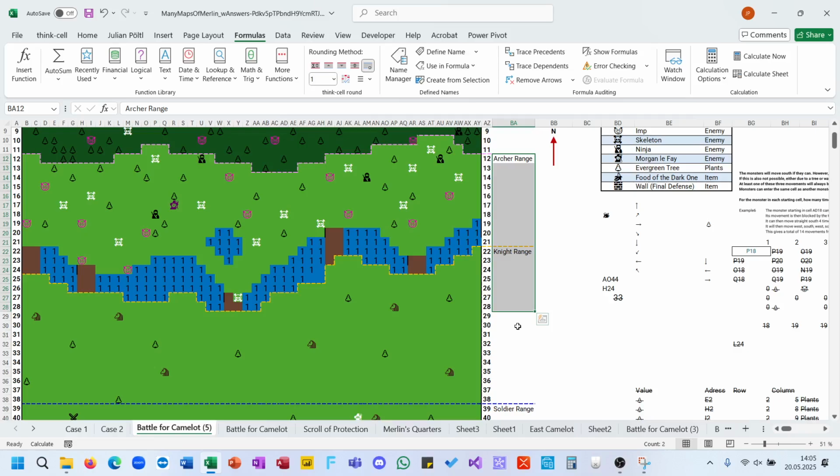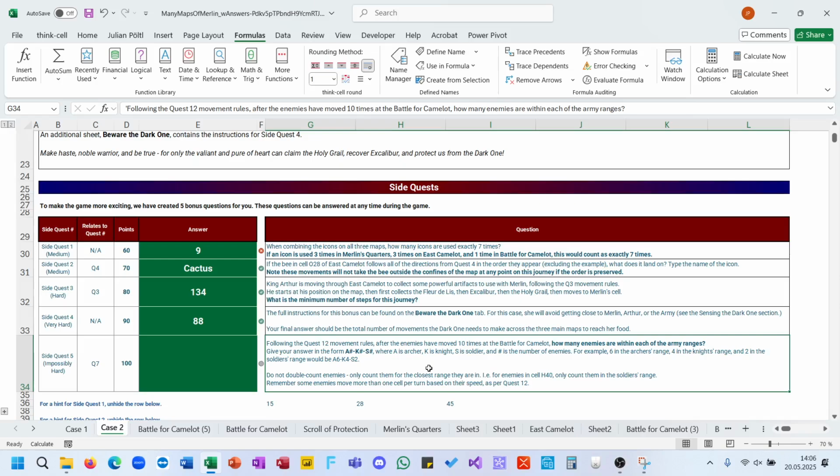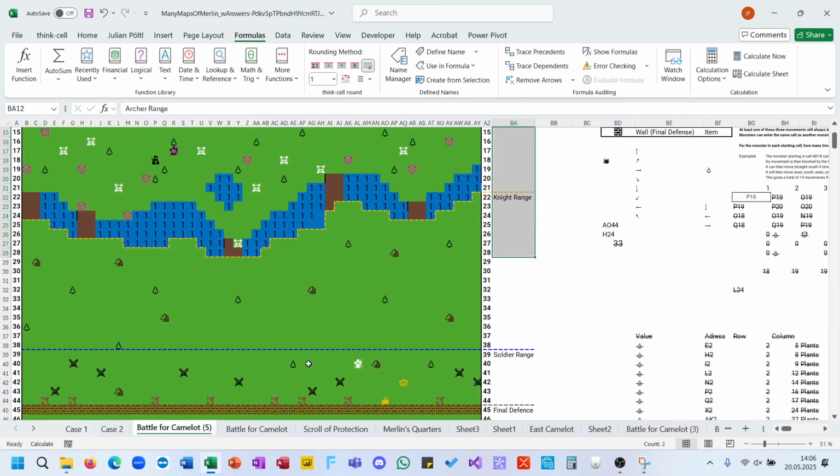How do I want to do this? Something like 2, 3, multiple maps. And then 2, 3, and do not count closest range. Age 40 is soldiers. Yeah, of course.